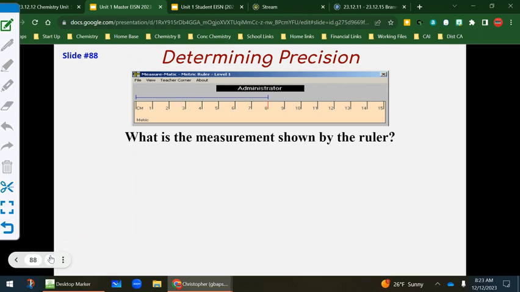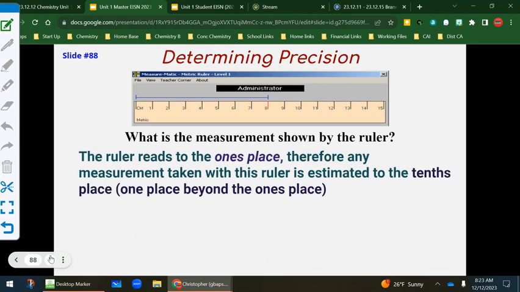Now, that line is very close to what number? 8. So how could we write the number 8 to the tenths place? 8.0. Okay, what else could we do? Or 7.9 or 8.1. Yeah. Since the ruler reads to the ones, we have to measure to the tenths. That's the rule. We've got to go one beyond it.